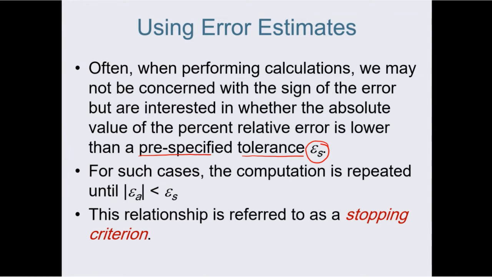So in such cases, the iterative process to find the approximate values is repeated until the approximate error remains less than the stopping criteria. So we call this the stopping criteria, epsilon s.